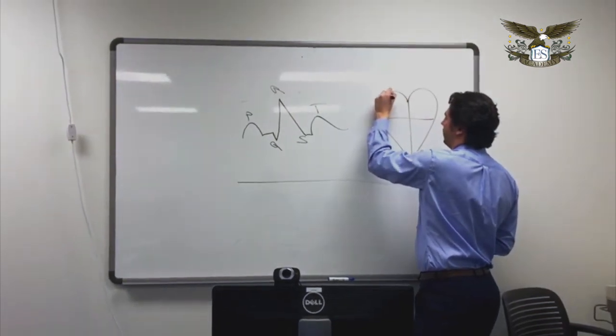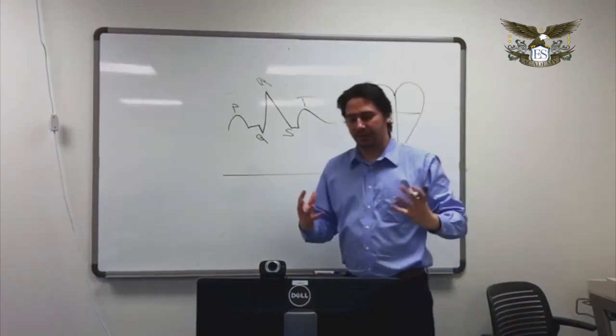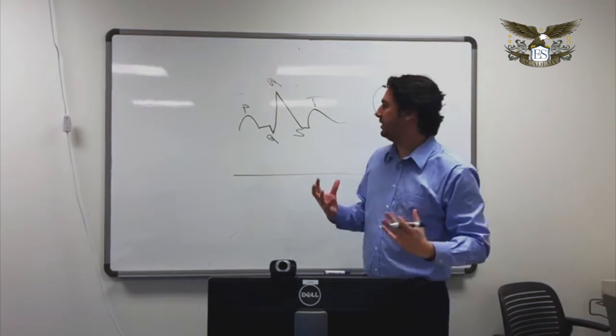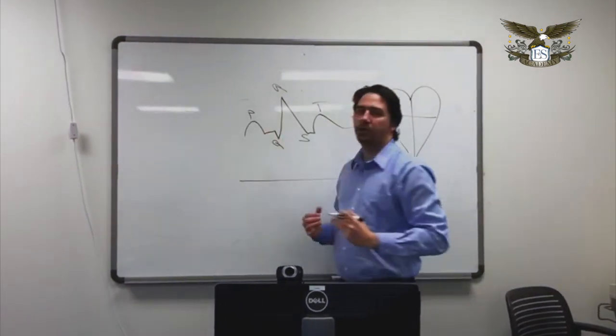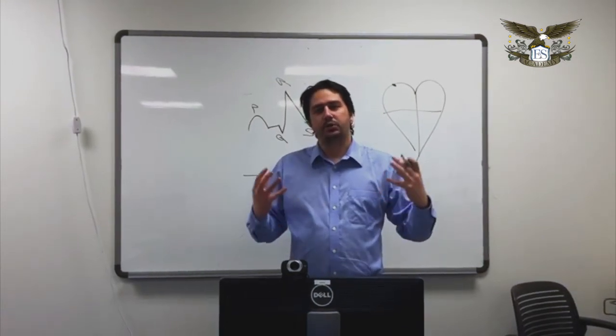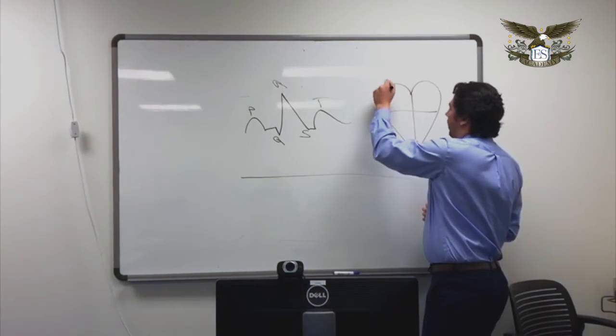You have your SA node up here. That is where the electrical impulse starts, what we are measuring with the EKG. That is atrial depolarization, the electricity going through the atrium. Once that happens, the atrium are contracting.